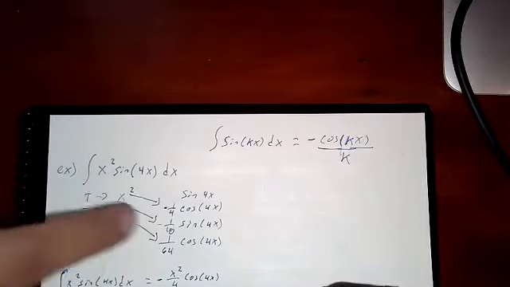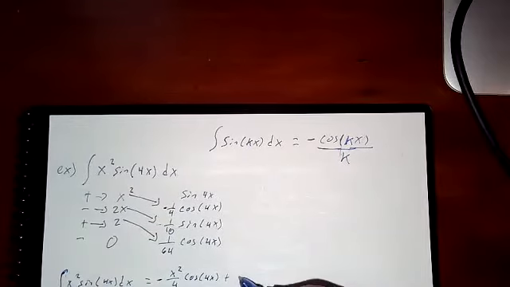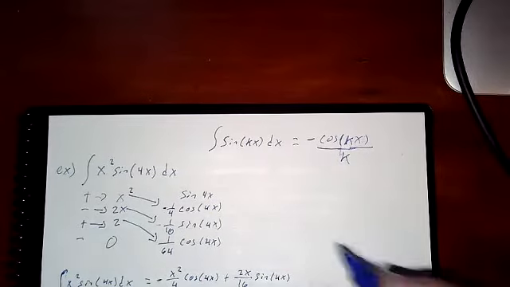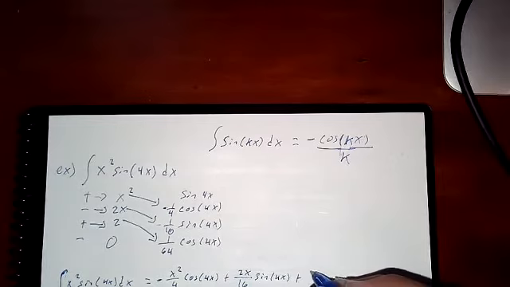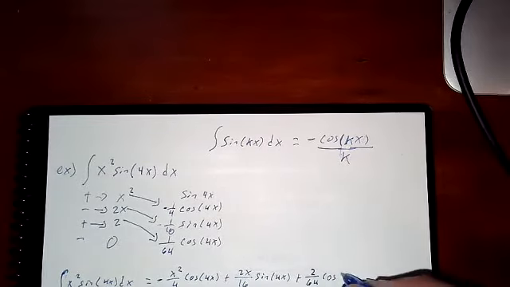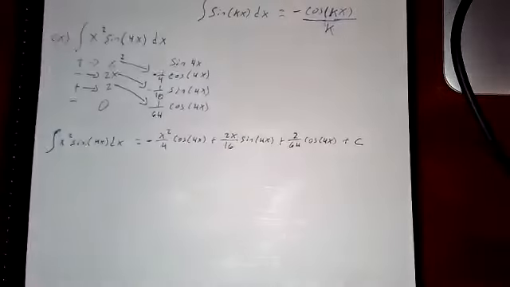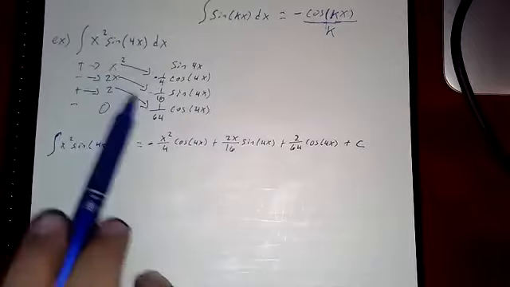Minus times a minus will be plus 2x over 16 sine 4x plus 2 over 64 cosine 4x plus c. So all of this came from these arrows.